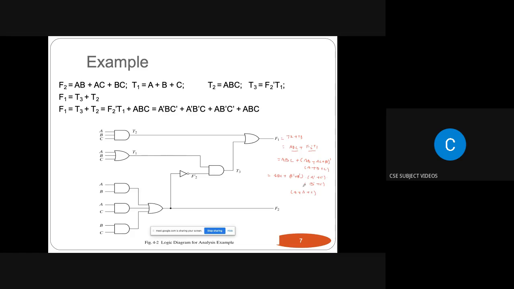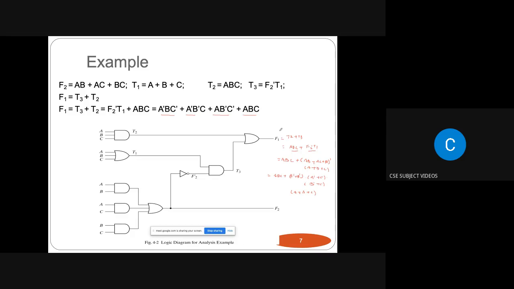So here we have to apply the distributive property. After applying the distributive property, we will get the function in terms of the input variables, all the terms in the form of input variables. So we can say the function F1 is A dash B C dash plus A dash B dash C plus A B dash C dash plus ABC.